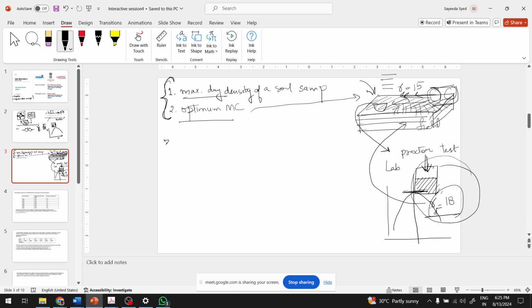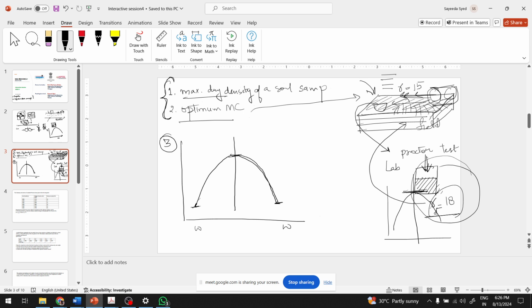And the third thing is what is the structure of soil when it is compacted. So if you have a soil, as you compact this soil from this density, this water content, to this density, and then again you have this low density.